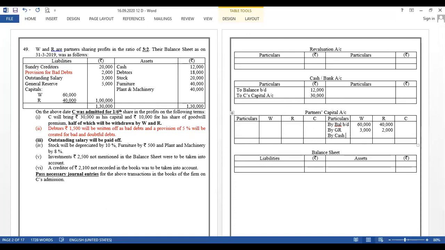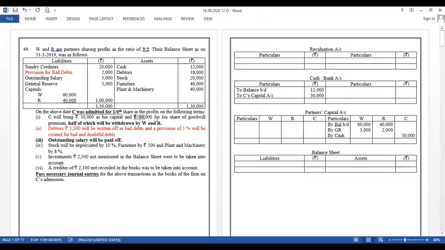I prefer to write bank, because I personally believe that now most transactions in business are done through the bank only. C is a partner who brought in cash, so let me write 30,000.